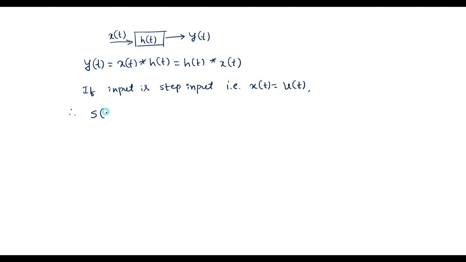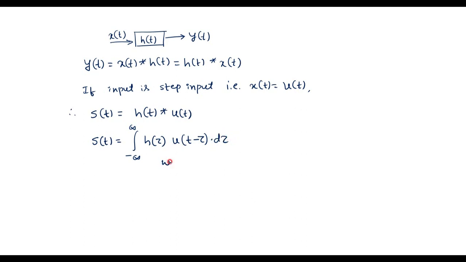Therefore s of t will be equal to h of t convolved with x of t, which is nothing but u of t. So it can be represented as s of t is equal to the integration from minus infinity to infinity of h of tau u of t minus tau d tau.